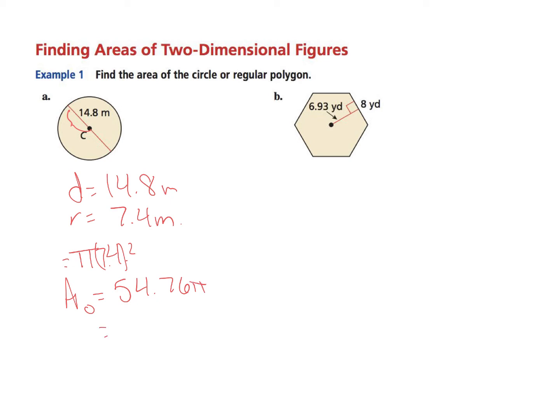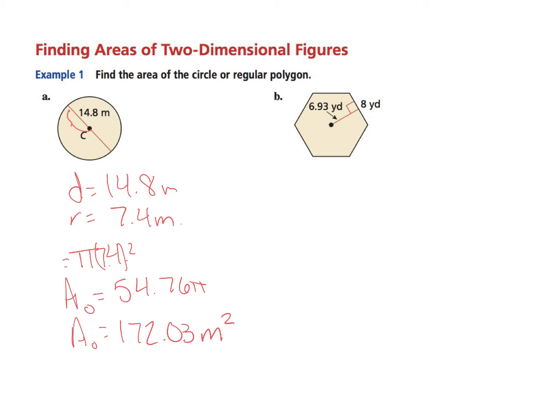And then when you multiply pi through, you'll get a decimal, and that is 172.03. Don't forget your units. It is meters squared, and that is the area of our circle for part A.